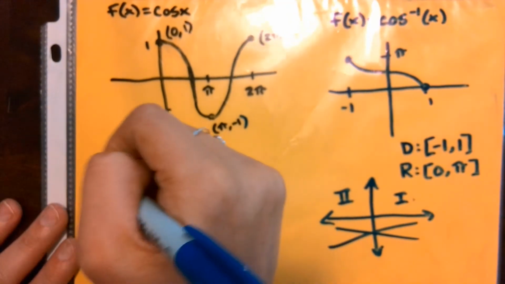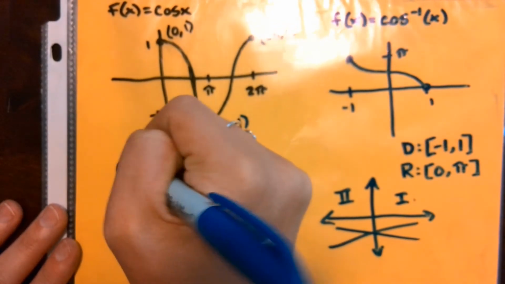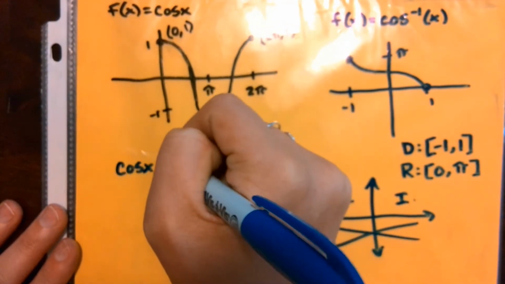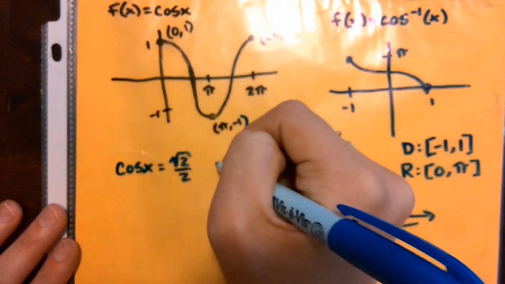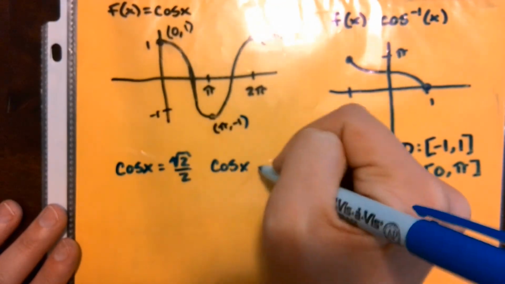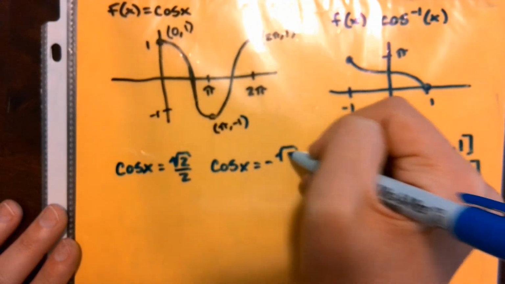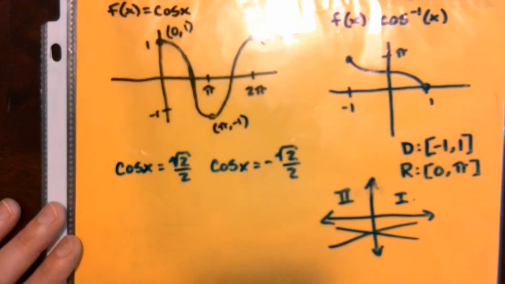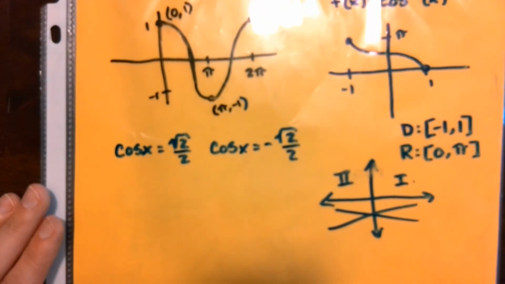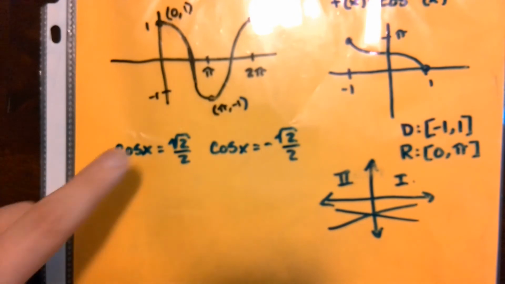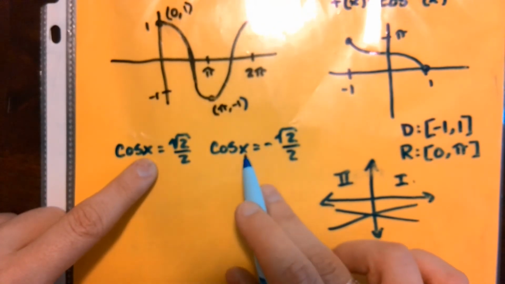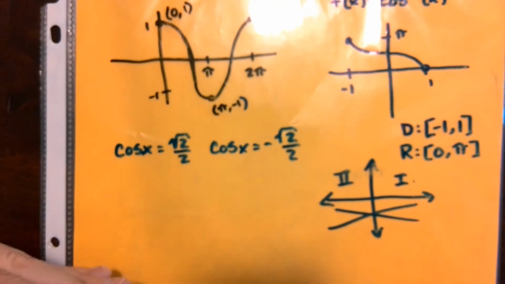So for example, if they asked us cosine of x equals radical 2 over 2, and cosine of x equals a negative radical 2 over 2. If they're not going to give us a domain for x, if they're not going to tell us what values we're allowed to have here, then we have to use arc cosine.